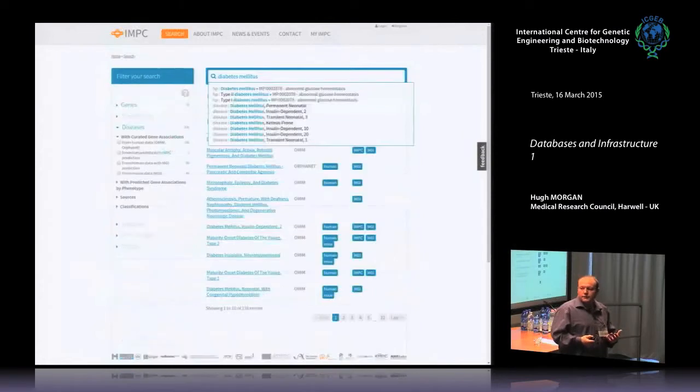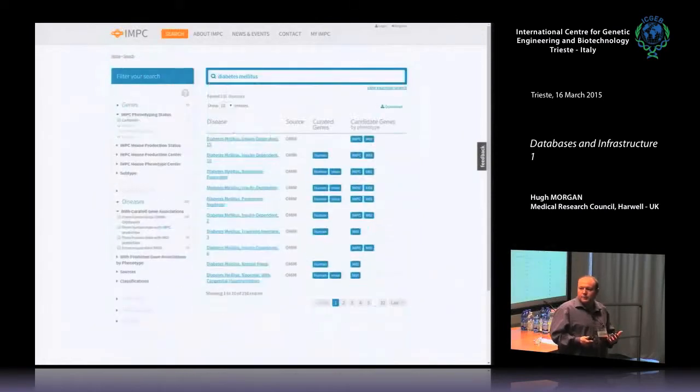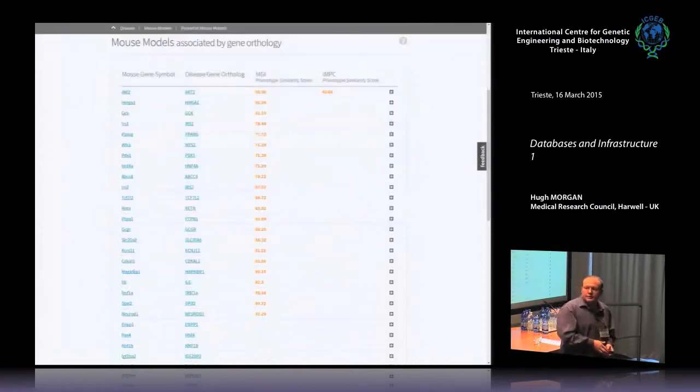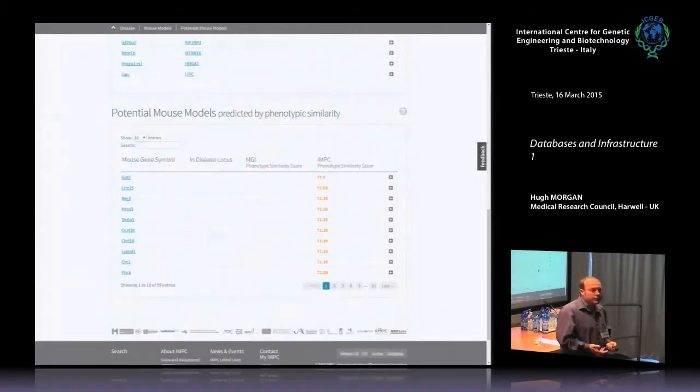And then we have these various tables with details about the genes which we believe are linked to this disease. The top one has genes linked by gene orthology, and the bottom by the phenotype that we've detected in our testing.